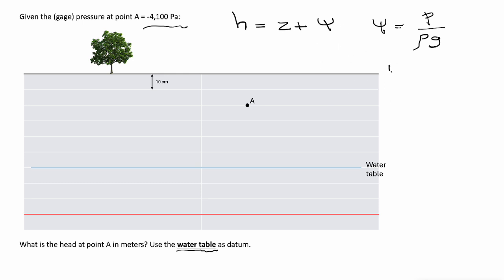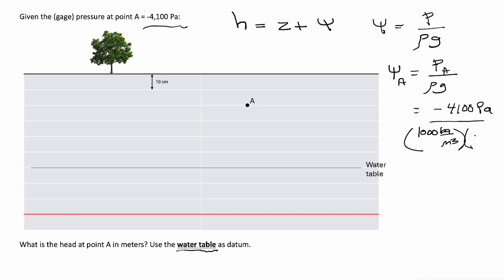So let's write this down. The psi at point A will equal the pressure at point A divided by rho G. And that will equal negative 4,100 pascals. Everything in MKS, remember, divided by 1,000 kilograms per cubic meter. That's the density. And 9.81 meters per second squared.